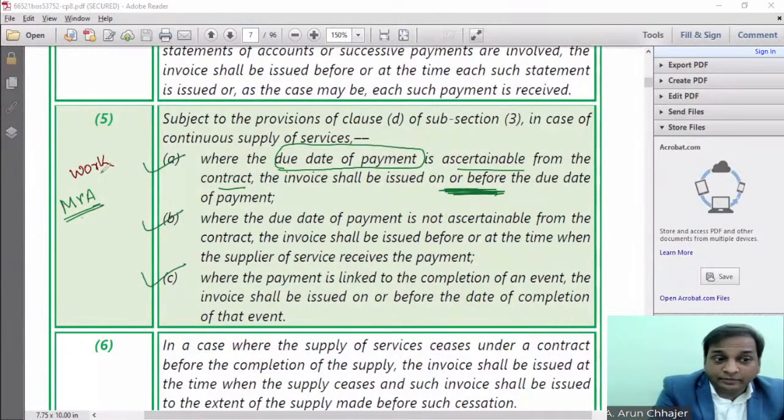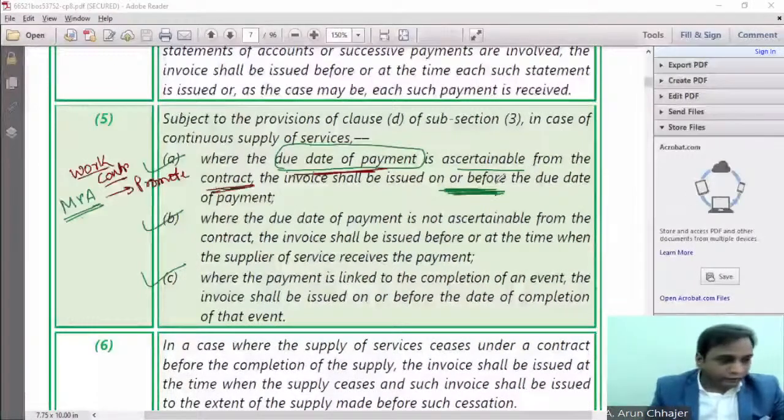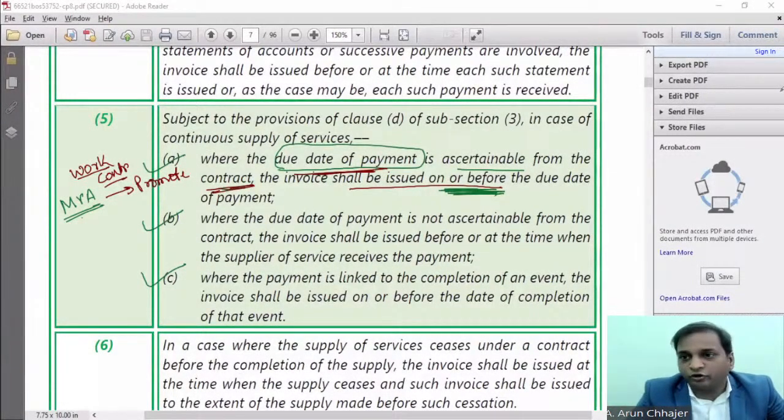What is the time limit to issue? Decide what is the due date of the payment, then the invoice shall be issued on or before the due date. It is immaterial whether payment is actually received, then actual payment.